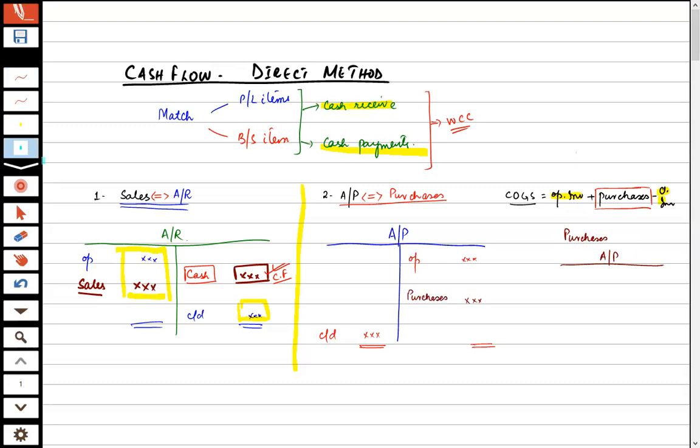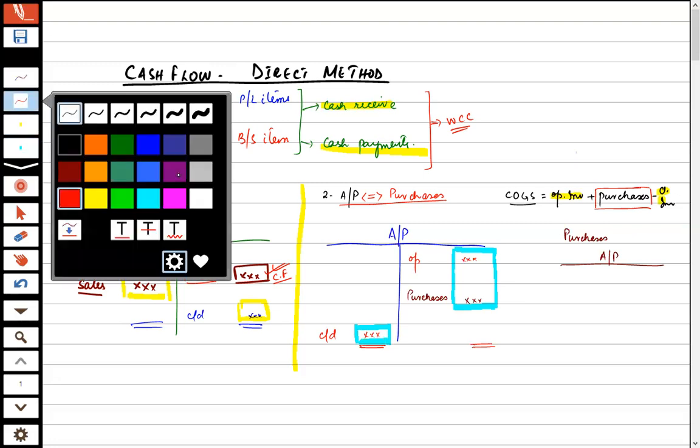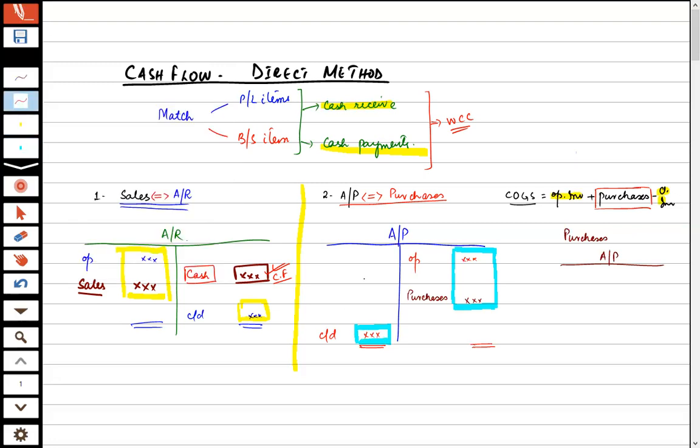And again, we will balance the T account. We will add up these two and subtract it from this. Then the remaining amount will be left over on the debit side. And this would always be the case when we pay the creditors. We always make the entry since accounts payable is a liability and it is decreasing. So it will be debited and cash will be credited.